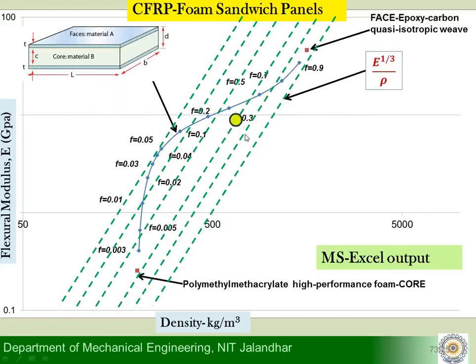And the observation is very clear that the two input ingredients of the sandwich are this red one and this one, and the sandwich structures that you generate for various volume fractions of the face material traverse this path.